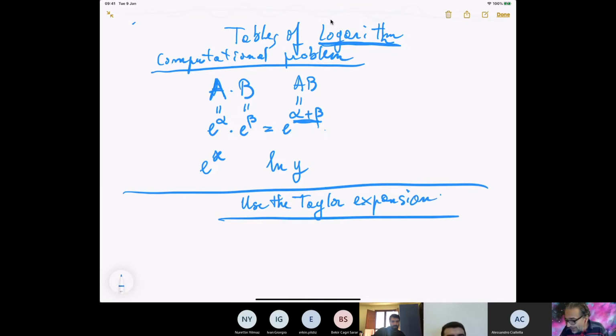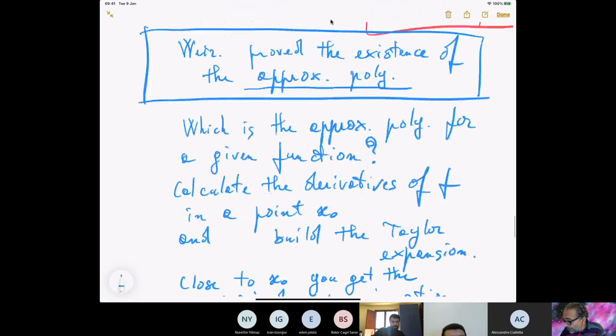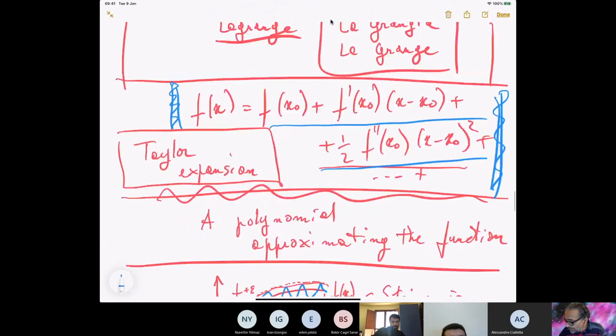The table of logarithms were calculated using the Taylor expansion. And the Taylor expansion, you see here, reduces every calculation to sums and products. Okay.